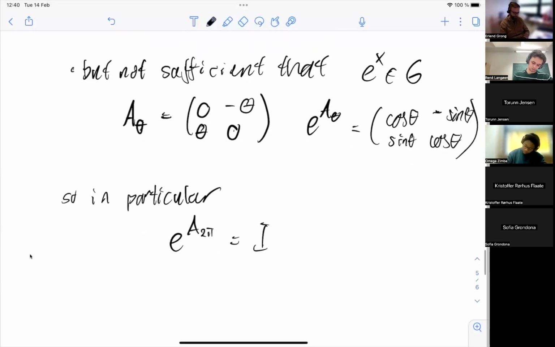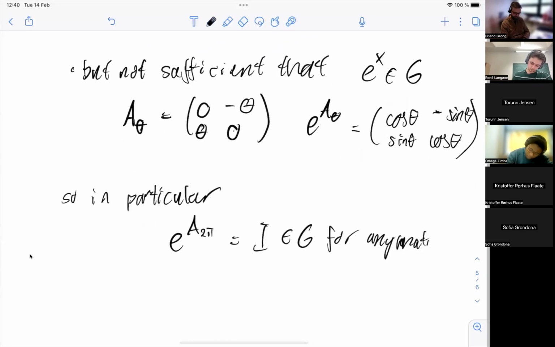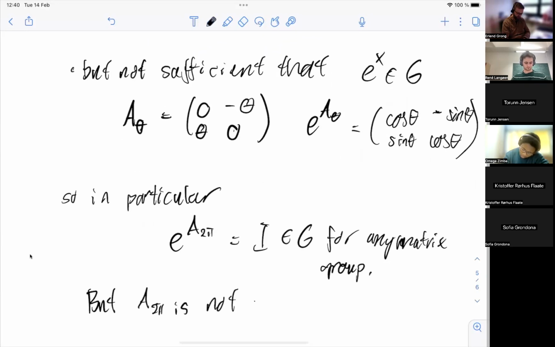So for any matrix group, but a to pi is not necessarily in the Lie algebra.